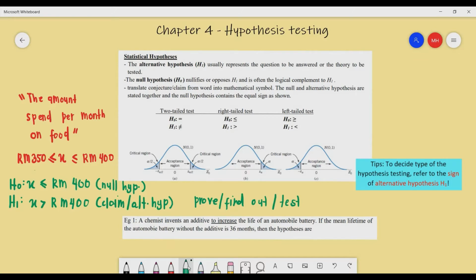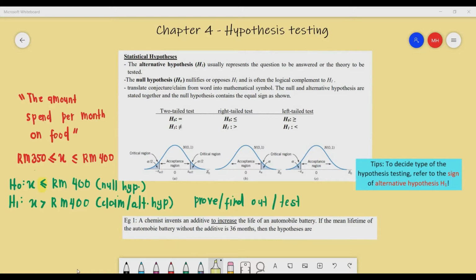It must also have the equal sign, as I highlight here. This null hypothesis is also known as the default hypothesis, to nullify the claim, to cancel out or invalidate the claim. It's just like a default statement.